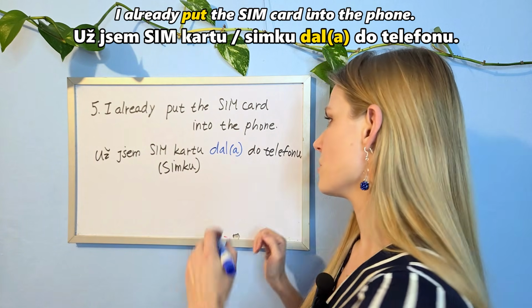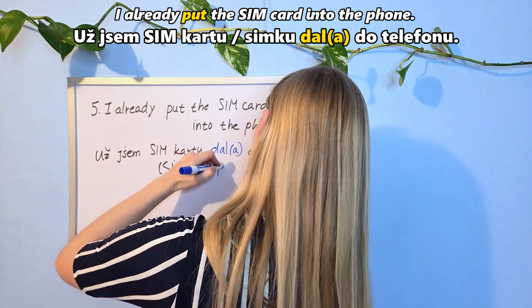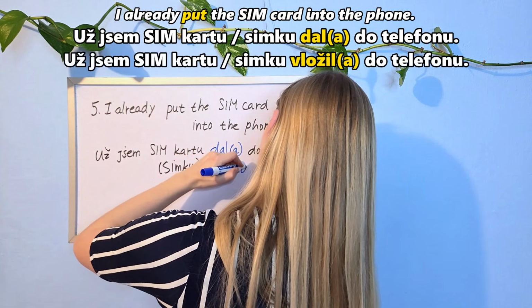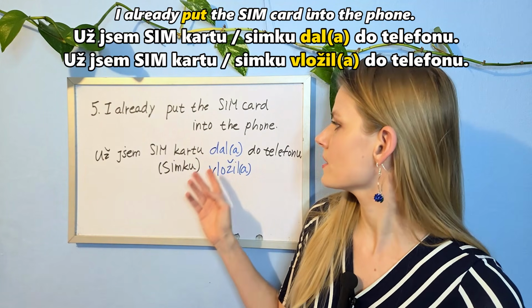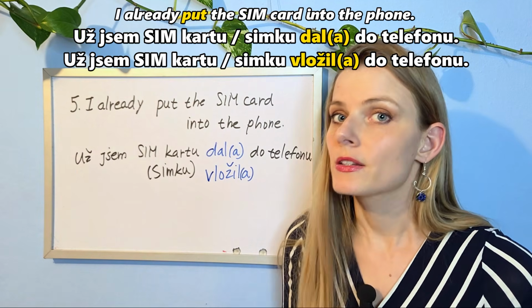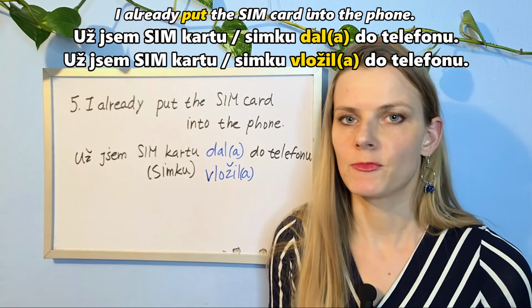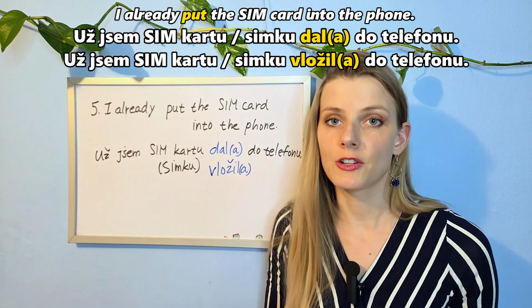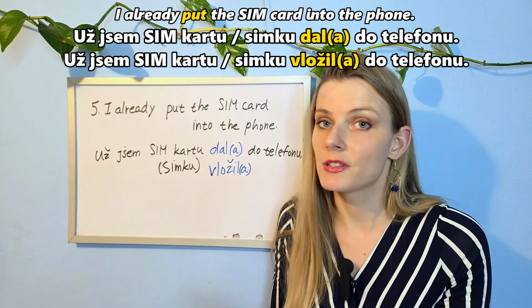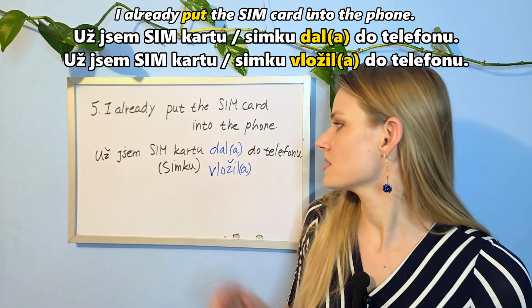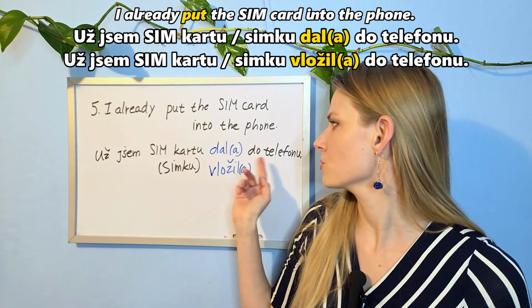And we could go with vložil or vložila that we just saw. Vložit is to insert and it would be perfect here. But in casual Czech, it may sound too proper, too much. But if you read instructions, insert or put the SIM card into the phone, it would say vložte SIM kartu do telefonu.